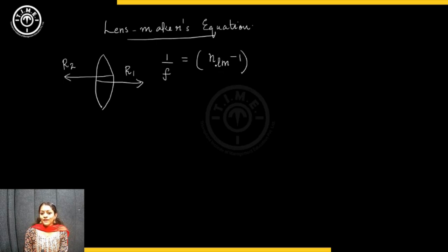Refractive index of lens with respect to the surrounding medium. So in this equation, n_LM is nothing but n_L divided by n_M, refractive index of lens divided by refractive index of that medium. Into the next term, 1 by R1 minus 1 by R2. This is the lens maker's equation.